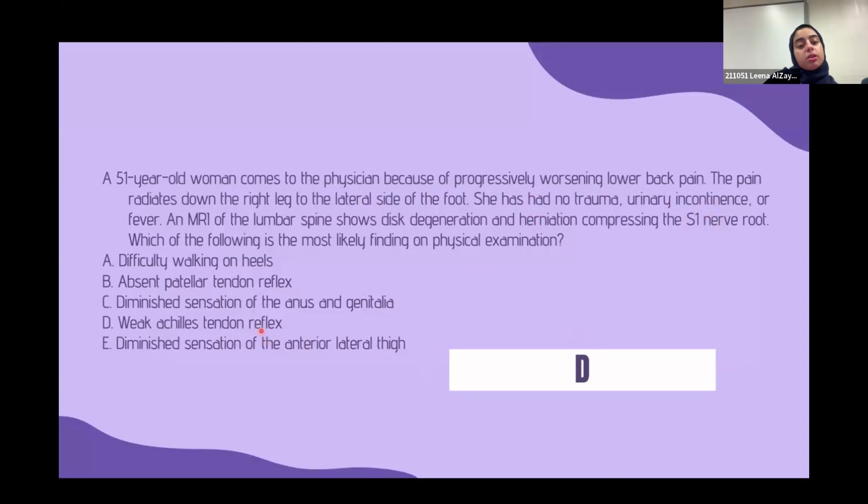So they're basically expecting you to know the reflex. There's no diminishment of anus and genitalia because probably genitalia is not involved. And remember we had S2 herniation.